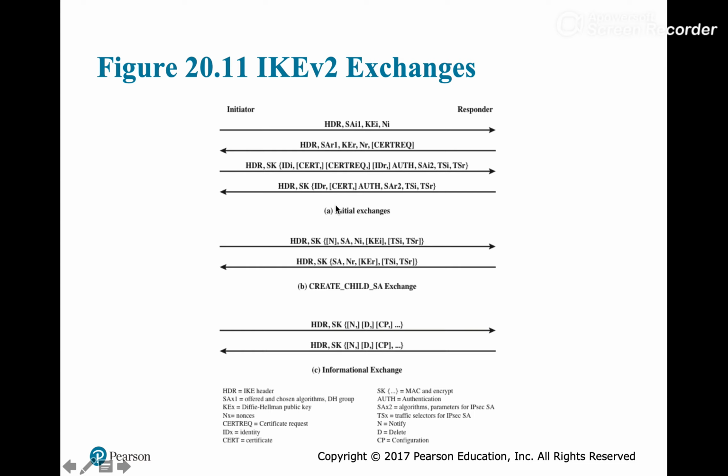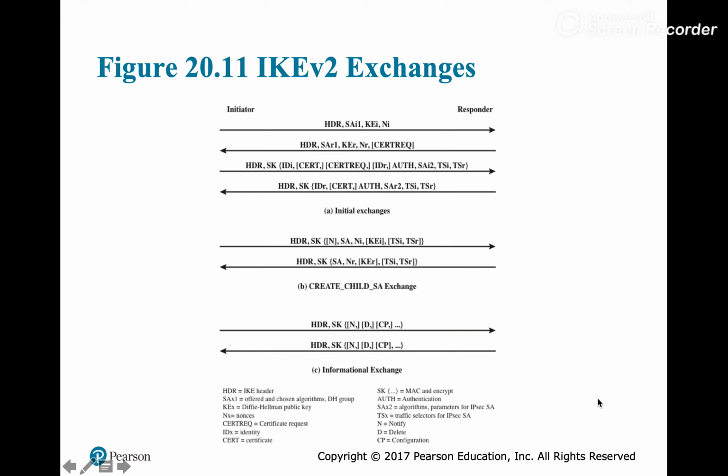In the initial exchange, they agree on the cryptographic algorithms and Diffie-Hellman parameters they are going to use, and both parties authenticate each other, and then they share proper keys with each other. Then a first child SA has been created, and whatever keys they share here for the subsequent messages are used for protecting that information, for authentication and encryption, and that's all.